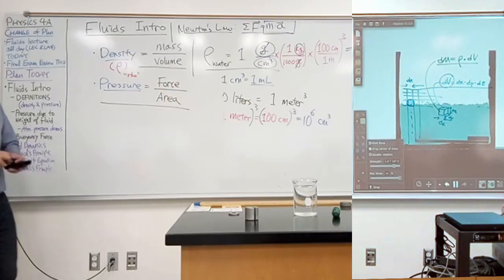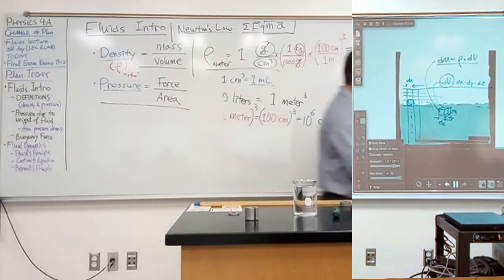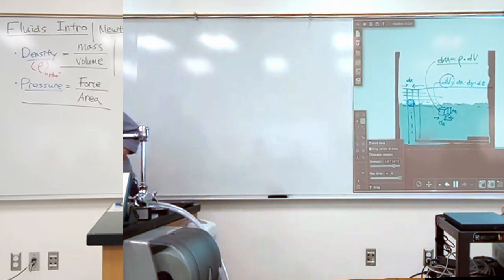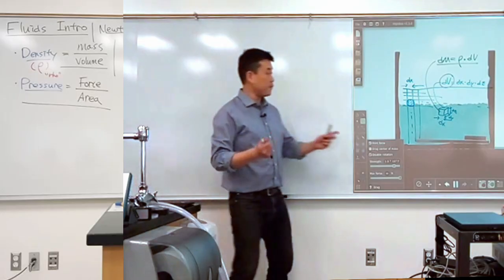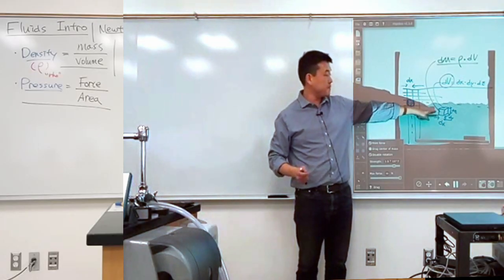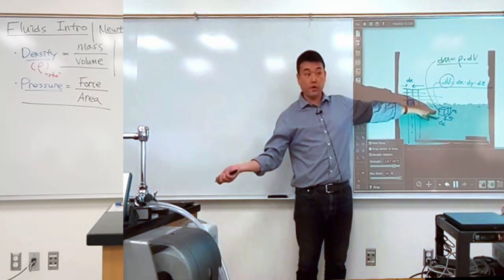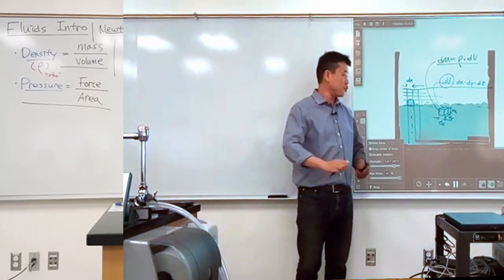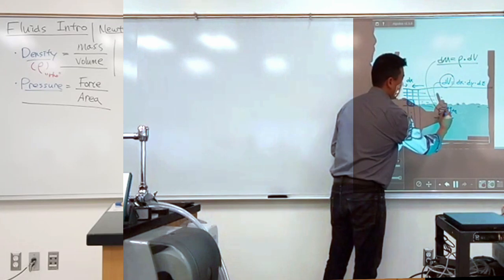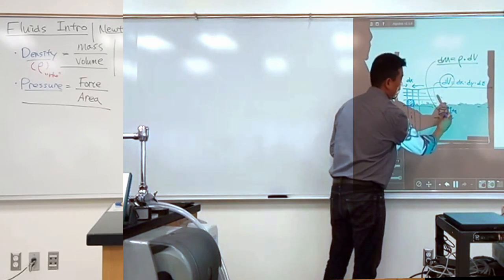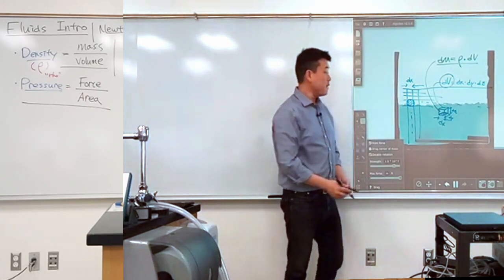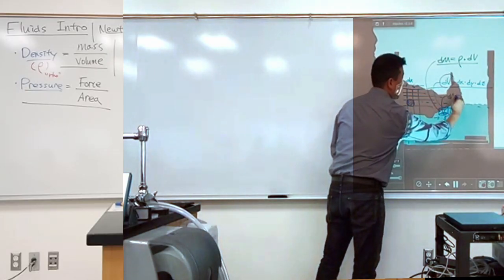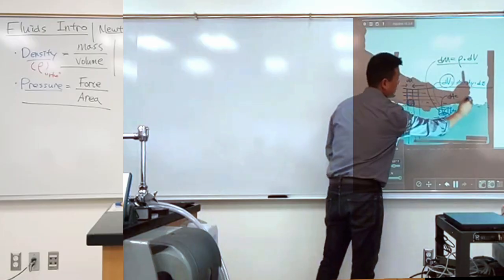So imagine you want to describe how much force is needed to have this element of fluid suspended in fluid. Then what you do is, all right, let's figure out the bottom surface area. And let's say I know the area here, dA is dx times dy.